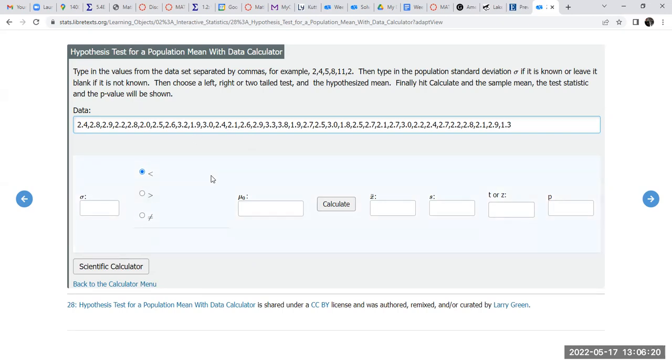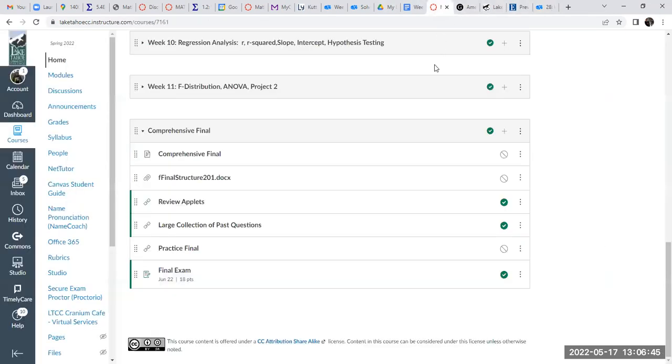Then what we do, it says, type in the population standard deviation if it's known, or leave it blank if it's not known. Do we know the population standard deviation? No, so leave it blank. Do we have a less than, a greater than, or a not equal to? Less than, right? I thought it was a not equal to 7.